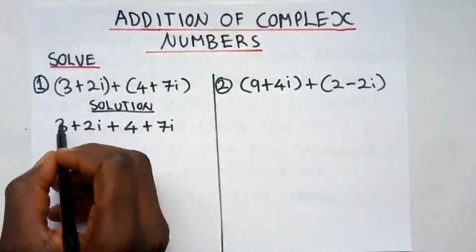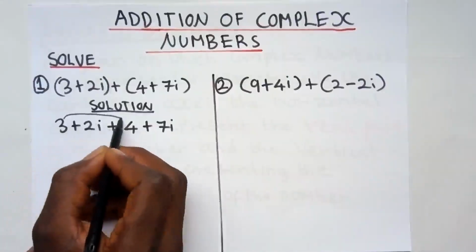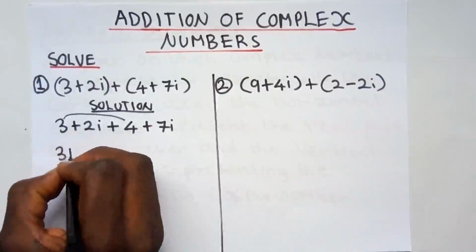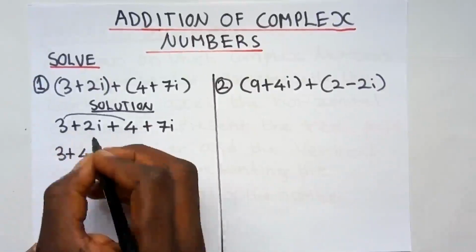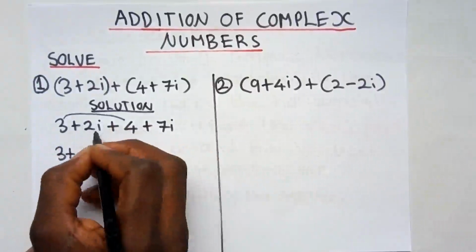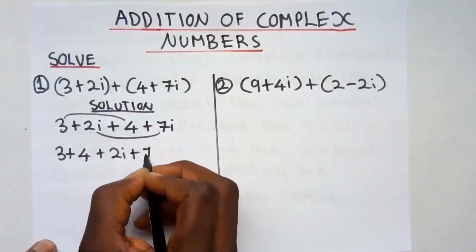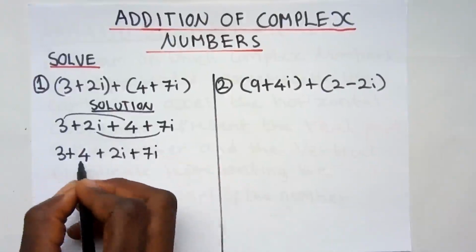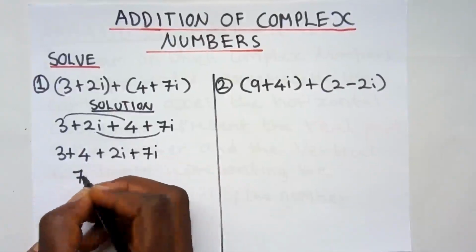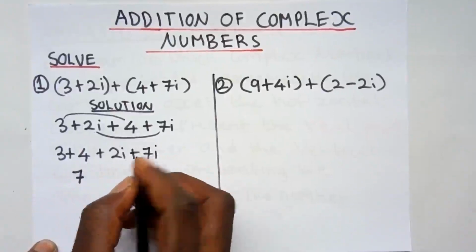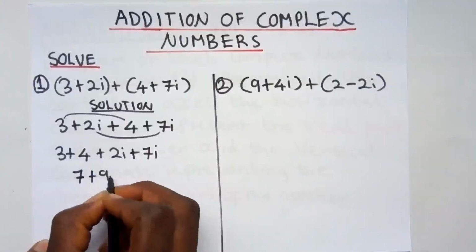Take like terms. 3 and 4, so 3 plus 4, and 2i plus 7i. So 3 plus 4 gives us 7, and 2i plus 7i gives us 9i.